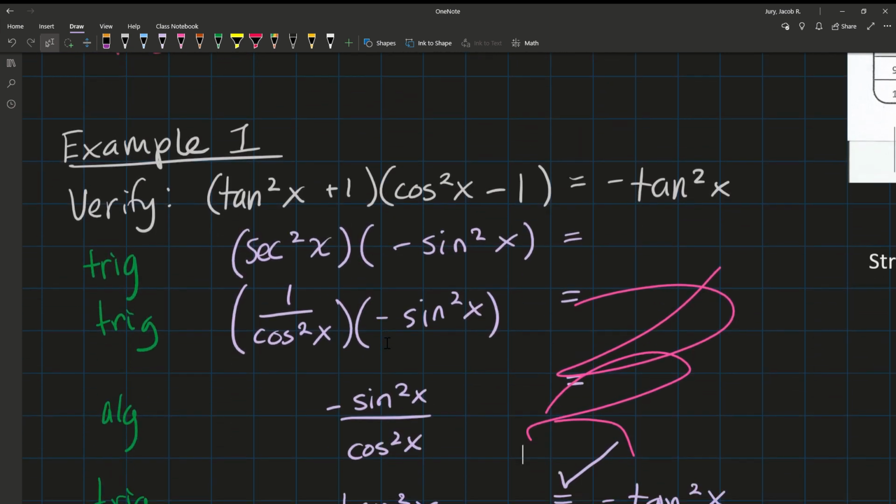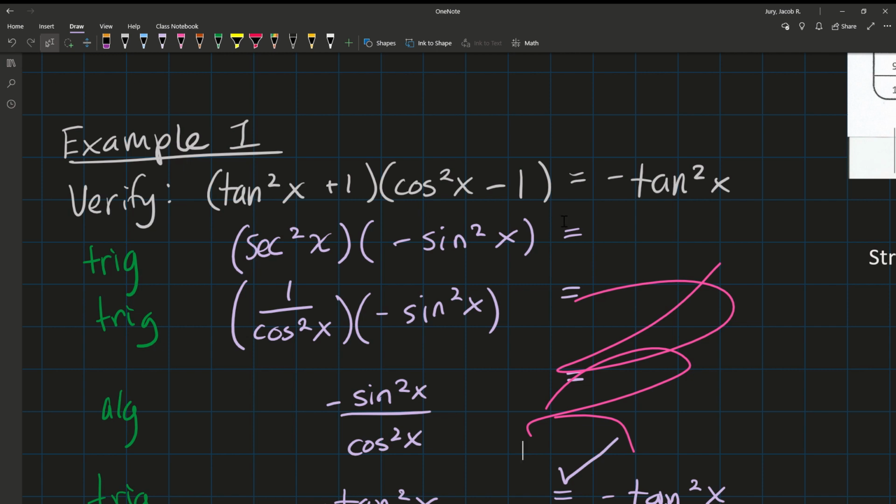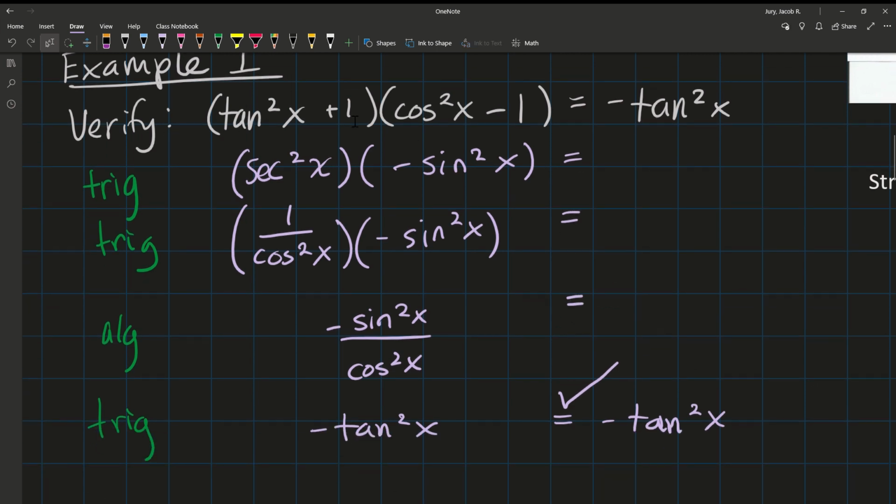So if we look at our first example, let me get this out of here real quick. If you look at our first example, the verify example has tan squared x plus 1 times cosine squared x minus 1, two binomials multiplied together, and they equal negative tangent squared x.